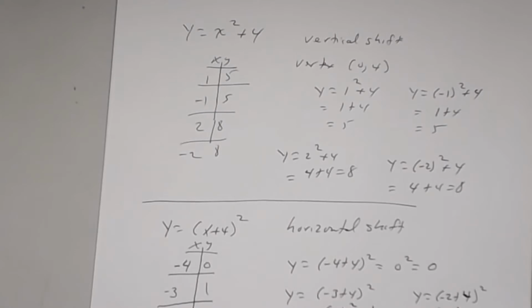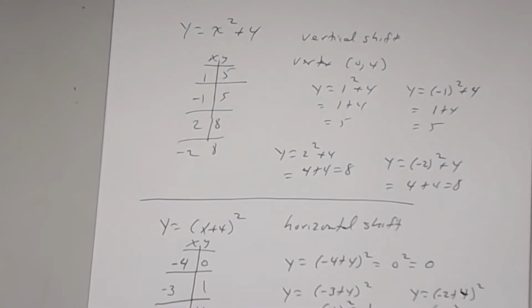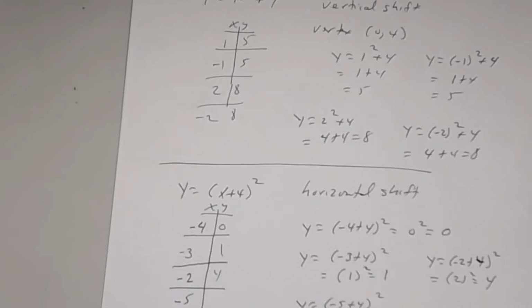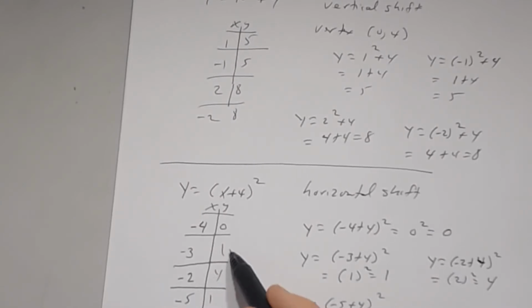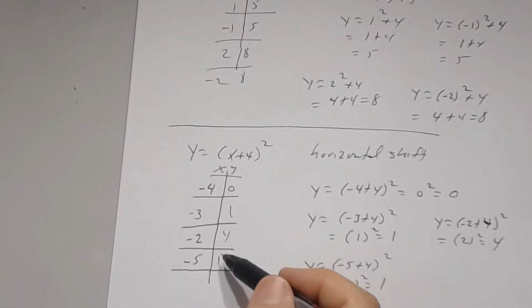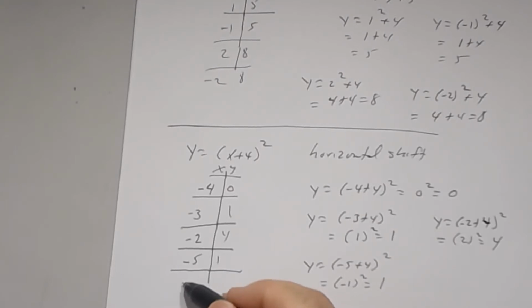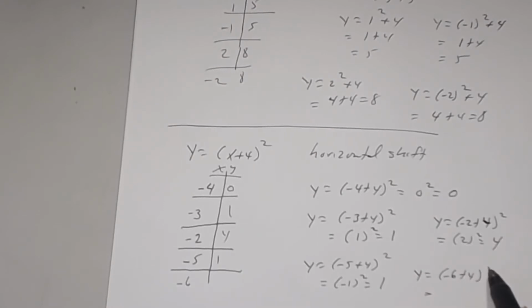If x is negative 5, I get y equals (negative 5 plus 4) squared. So that's negative 1 squared, which is positive 1. Notice these y values are positive 1s right here. You're going to remember the idea of symmetry in a little while. If x is negative 6, I get y equals (negative 6 plus 4) squared.